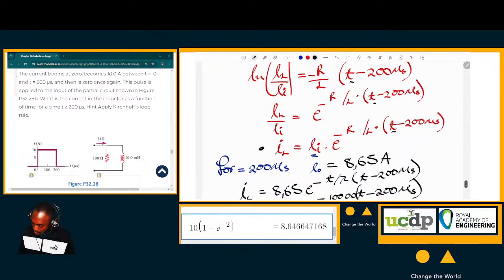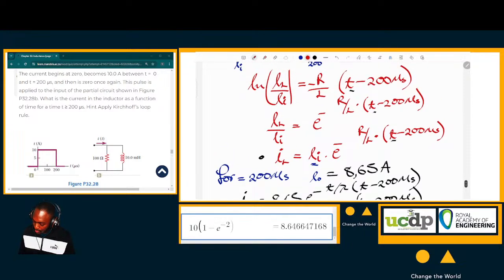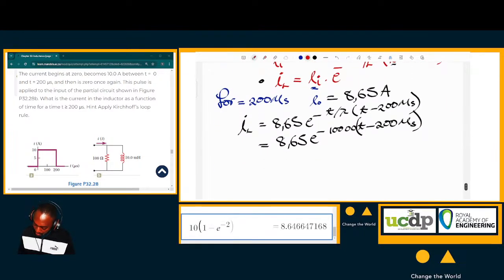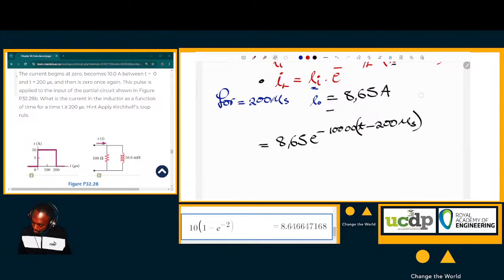So this should just be R over L. It was a repetition; T was factored in the bracket already. So your RT is still there, but now T is in the bracket. So this is what we should have.